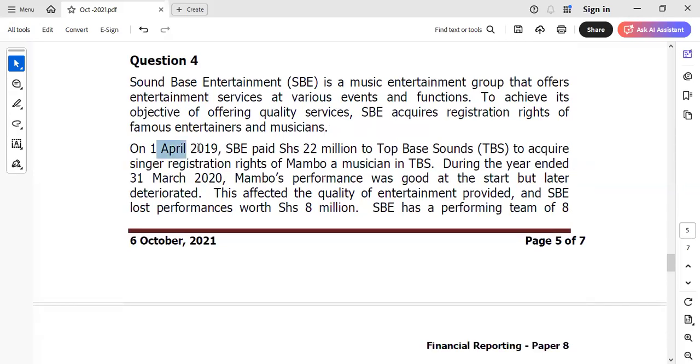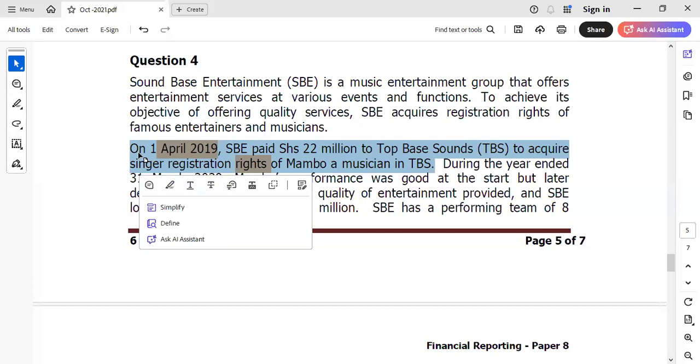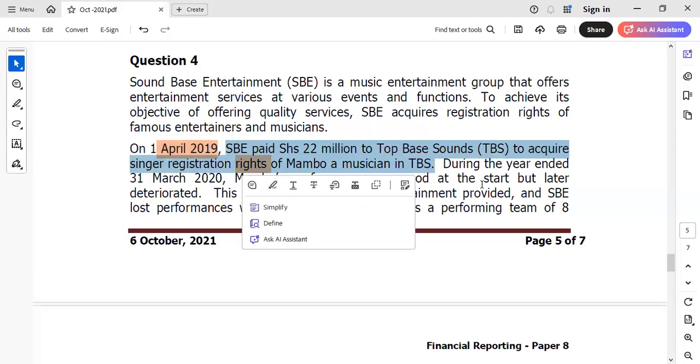On 1st April 2019, the company paid 22 million to TBS to acquire single registration rights. Here you are acquiring rights. This is an intangible asset. Remember, intangible assets are catered for under IAS 38. So this is an intangible asset.